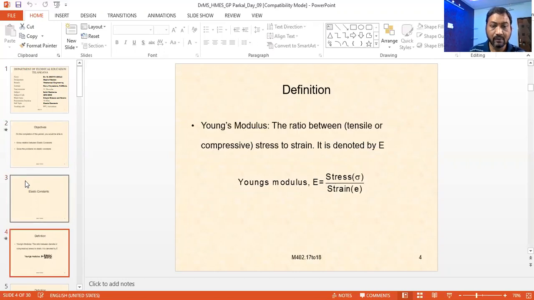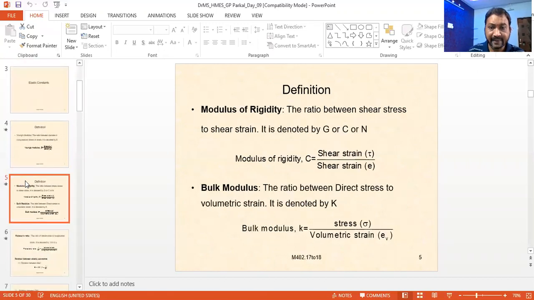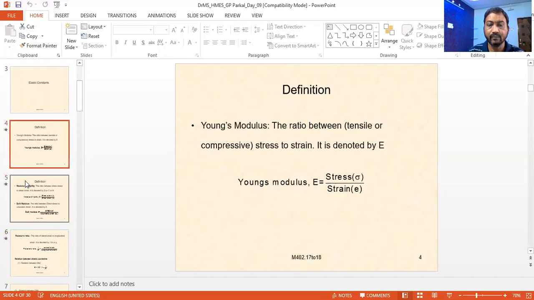So now, generally we have three types of elastic constants. That is the Young's modulus, modulus of rigidity, and bulk modulus.